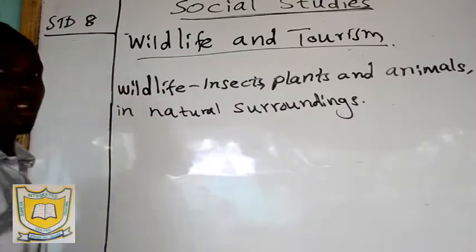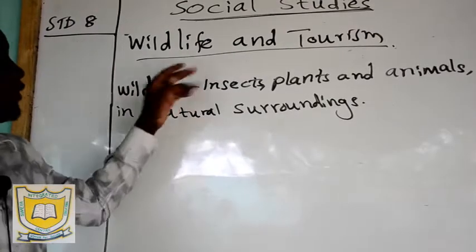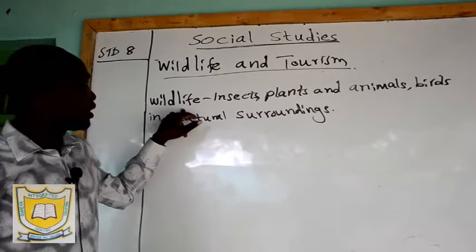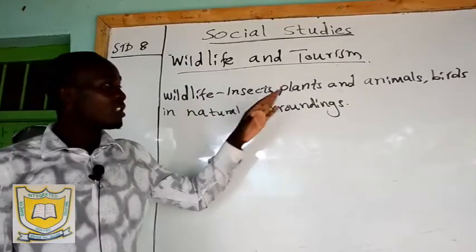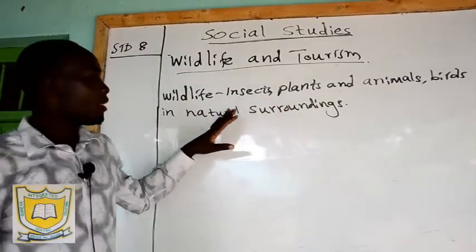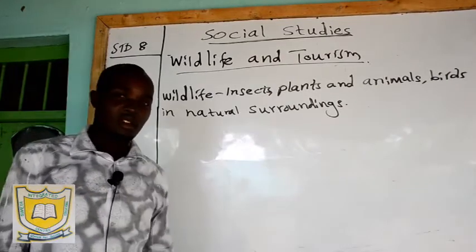Wildlife are insects, plants, animals, and birds found in their natural environment or surrounding.